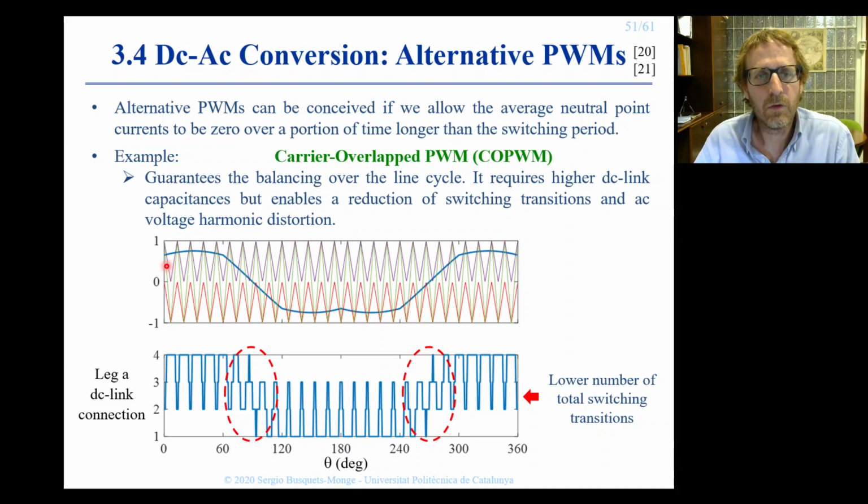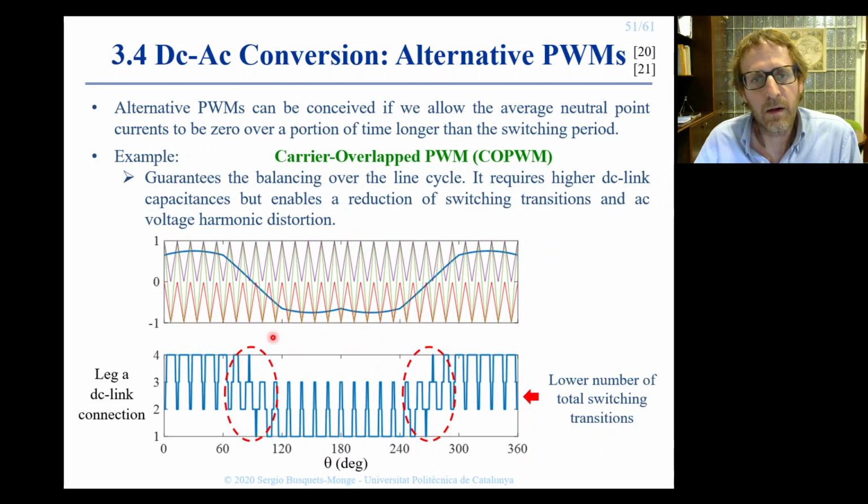It is implemented using a single modulating waveform, in blue, compared to 3 triangular carriers. The modulating waveform contains a sinusoidal component and a common mode component so that we can obtain the maximum line-to-line amplitude in the linear modulating range.